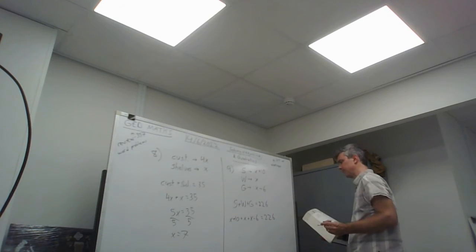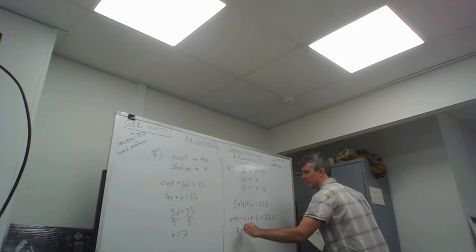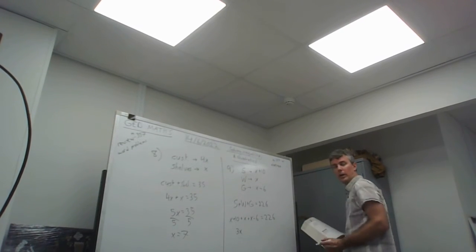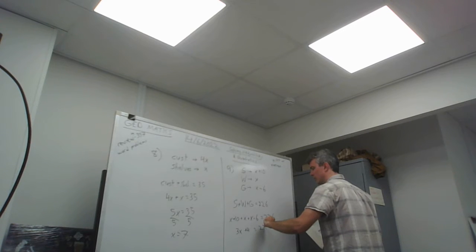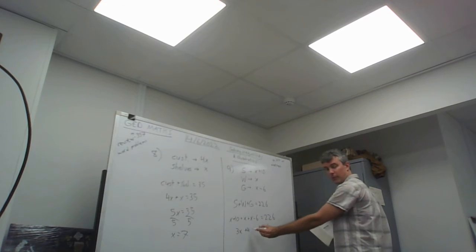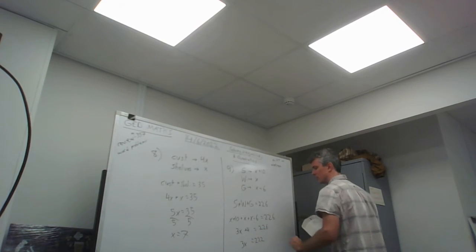How many X's do we have? 3X. And the constants add to plus 4. So 3X plus 4 equals 226. We're going to get rid of the 4, so you get 3X equals 222.